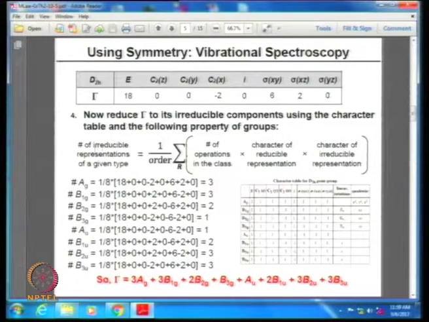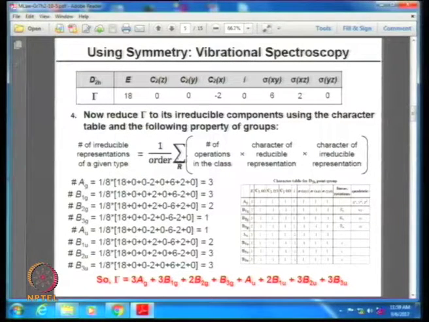This uses the theorem that we were quoting today: M alpha, the weightage of a particular irrep in a reducible rep, is equal to 1 over the size of the group times the number of operations in a class, times the character of the reducible representation times the character of the irreducible representation in that class, summed over the classes.